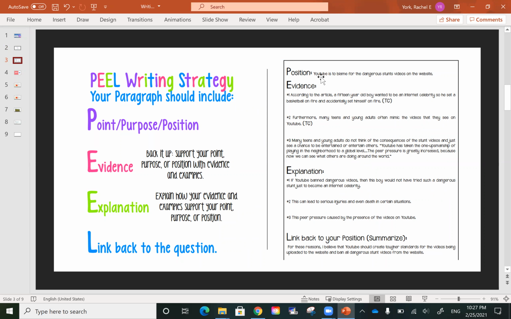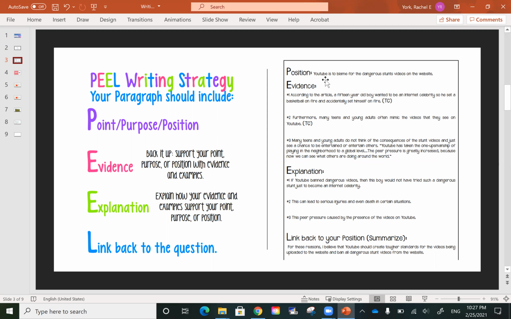That's a statement. Notice how this statement doesn't show any other points. It doesn't give acknowledgement to maybe, you know, YouTube is a factor in it, or it contributes to it. No, it's saying that YouTube is the problem. YouTube is what's at fault.